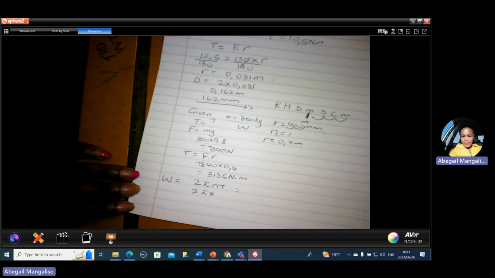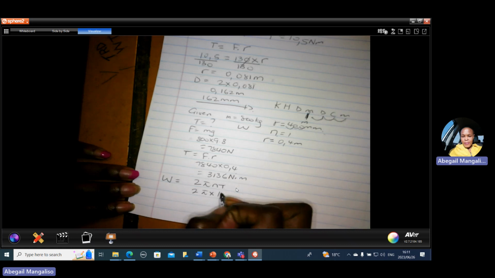You are not given a diameter, you are given a radius. If it was a diameter, we would halve it to get R. All we need to do here is conversion to meters.